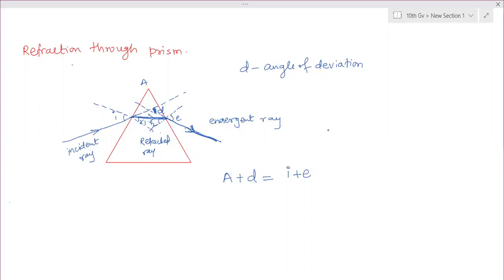Then angle of deviation depends on angle of incidence, that is one.